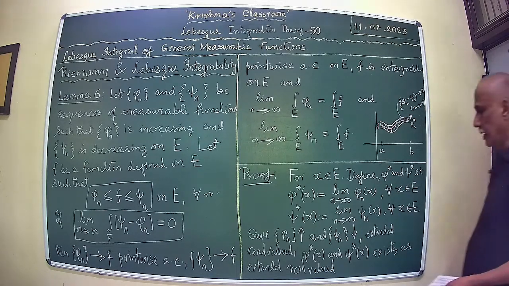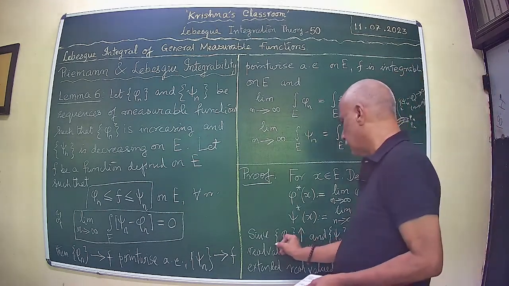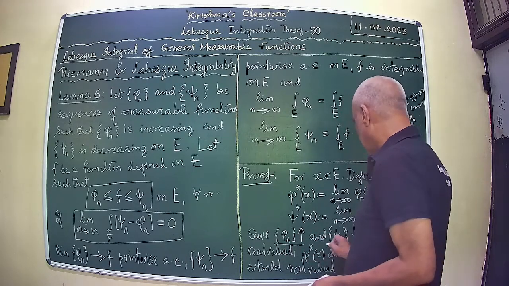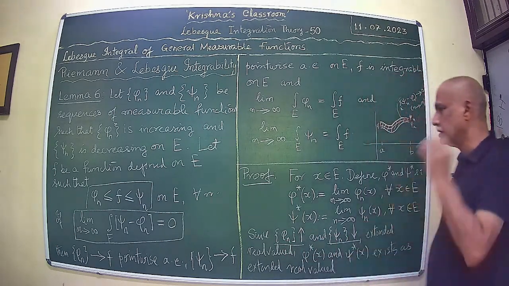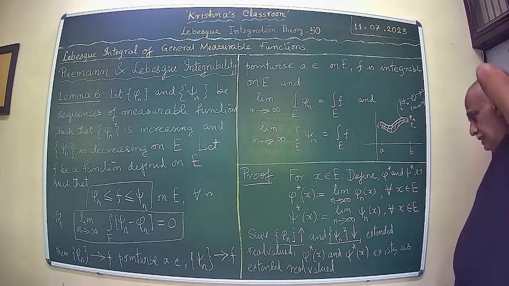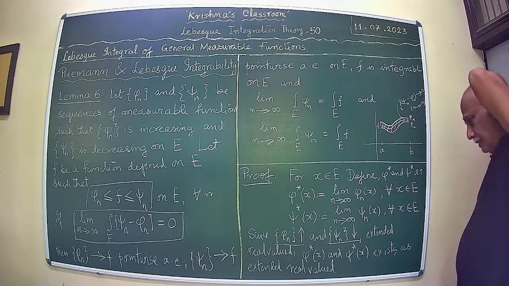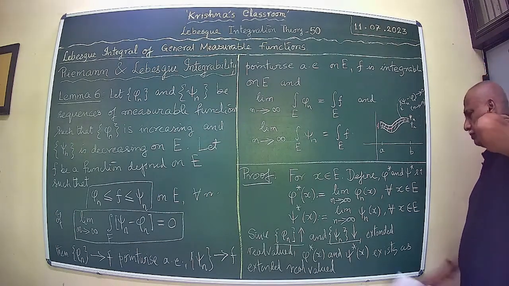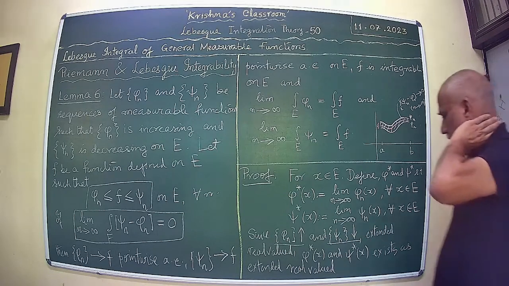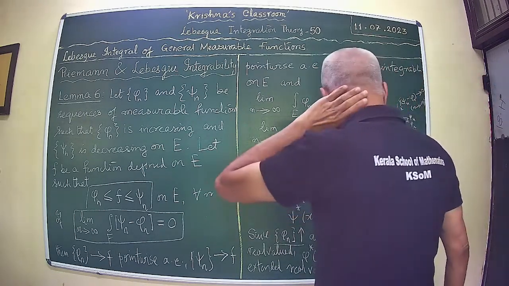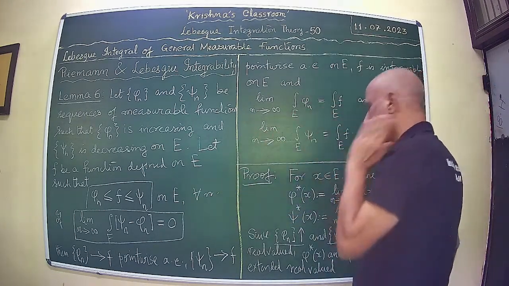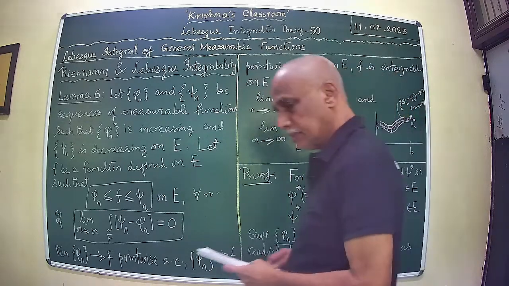So the crucial supporting conditions are phi n is monotonically increasing, psi n is monotonically decreasing, and they are extended real valued. Therefore, you get phi star and psi star as extended real valued functions. Okay, so that is well defined.